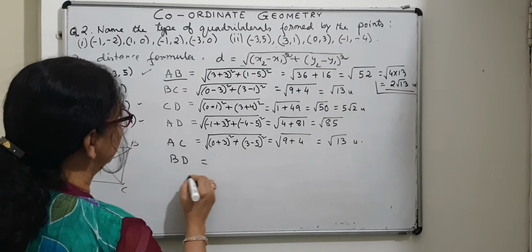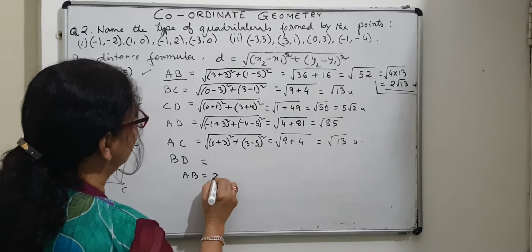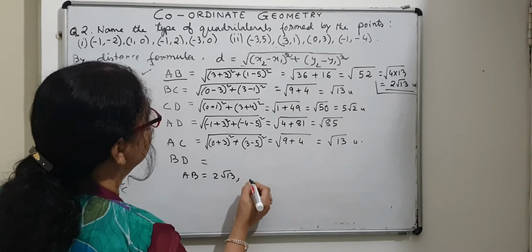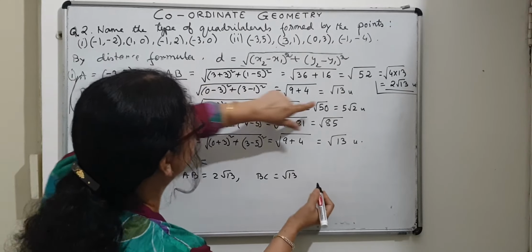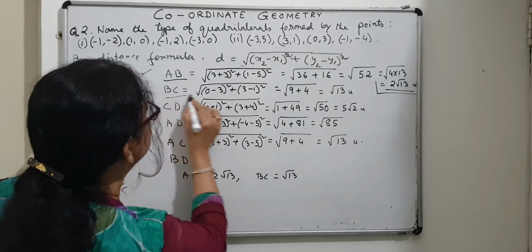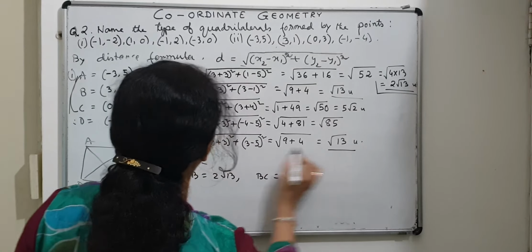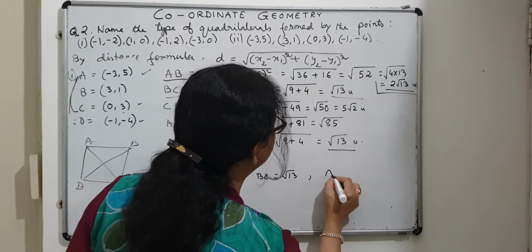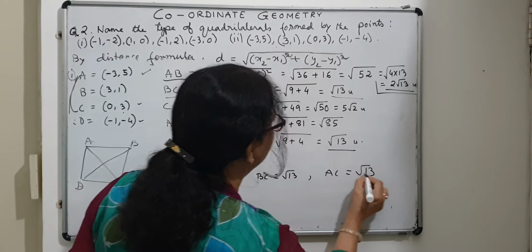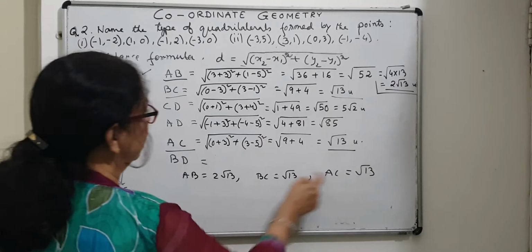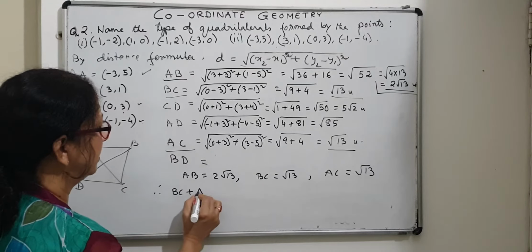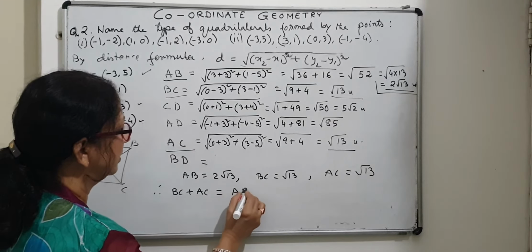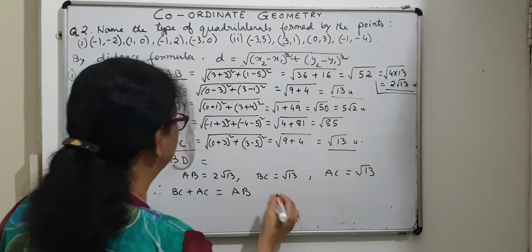So AB is 2 root 13, BC is root 13, and AC is also root 13. So what do we find? This plus this is this, therefore BC plus AC is equal to AB, isn't it?